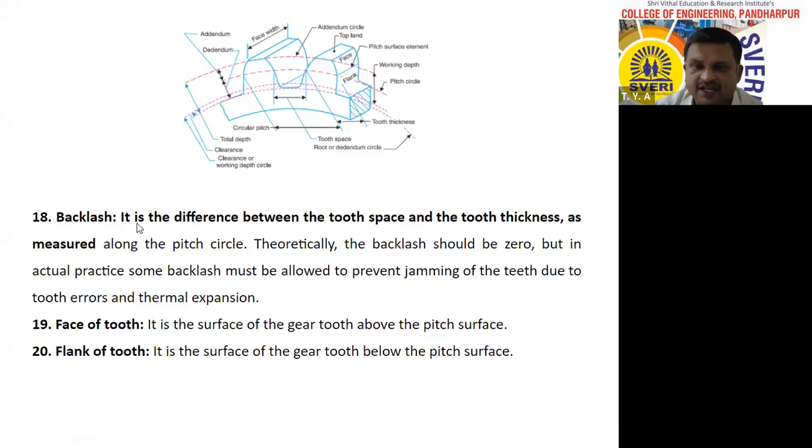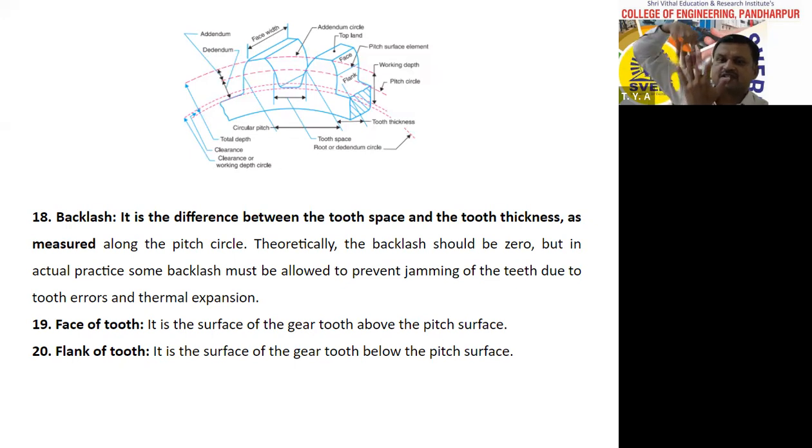Then next is the backlash. It is the difference between the tooth space and tooth thickness as measured along the pitch circle. Theoretically, the backlash should be 0, but in actual practice, some backlash must be allowed to prevent jamming of the teeth due to tooth errors and thermal expansion.